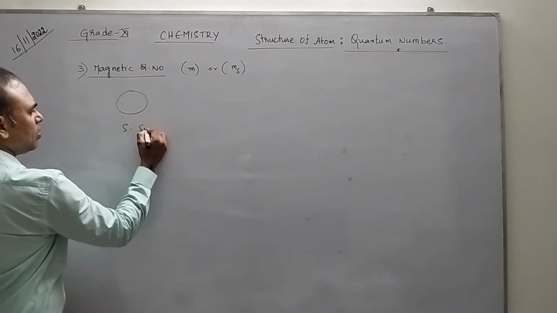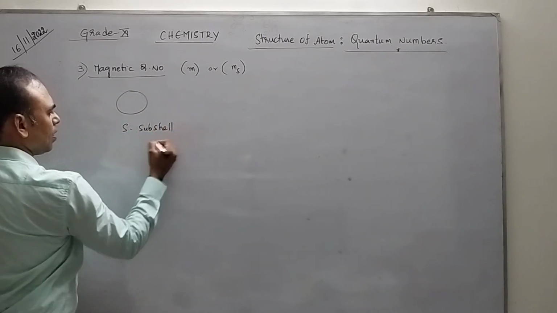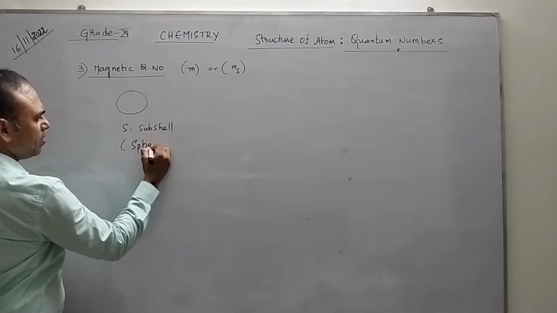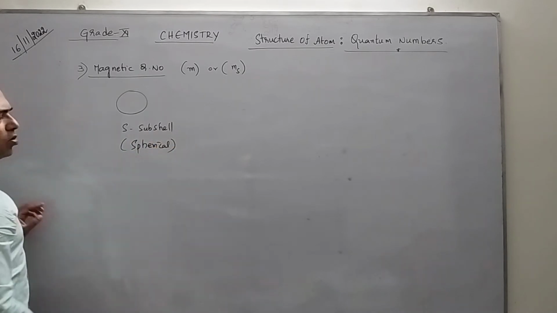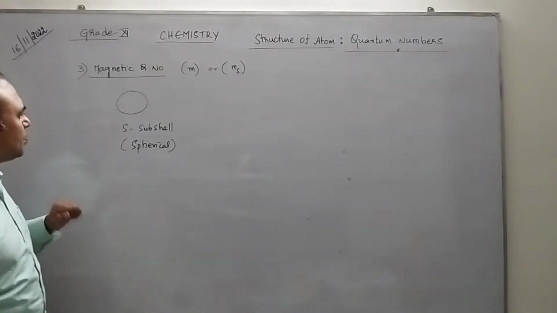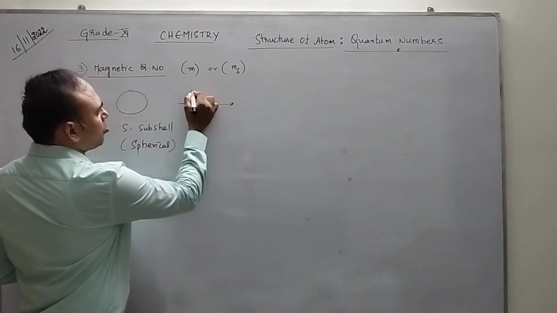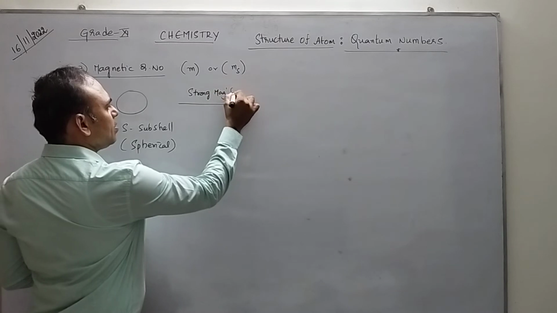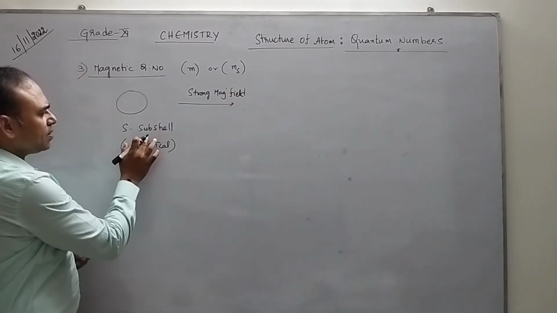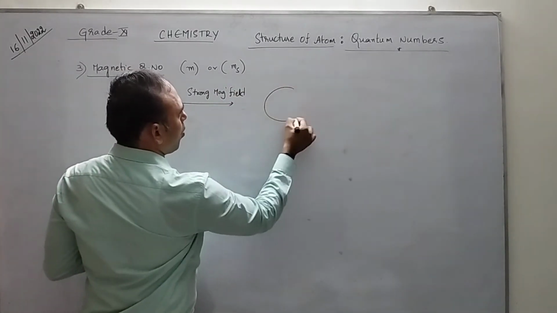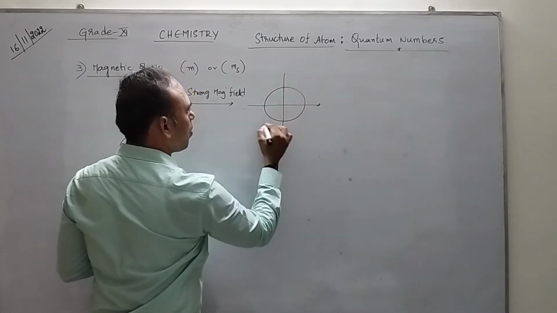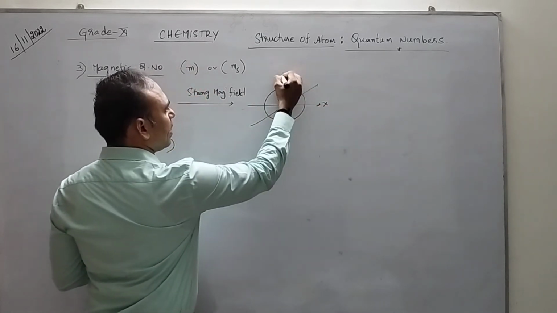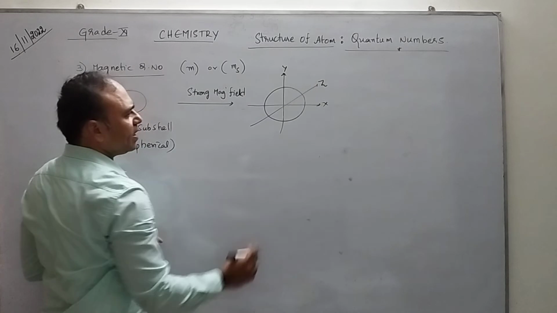So this is known as S subshell. The shape is spherical. Now if you are taking the S subshell and you have a strong magnetic field, what happens to this? In the presence of strong magnetic field, the subshell gets oriented on the three axes X, Y and Z axis.